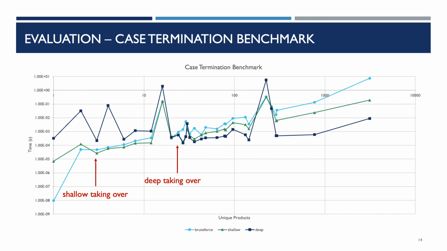So at around 900 variants, we can see that deep lifting is about 2 orders of magnitude faster than brute force, and more than an order of magnitude faster than shallow. At around 3,000 products, we can see that deep lifting is about 3 orders of magnitude faster than brute force, and about an order of magnitude faster than shallow lifting.